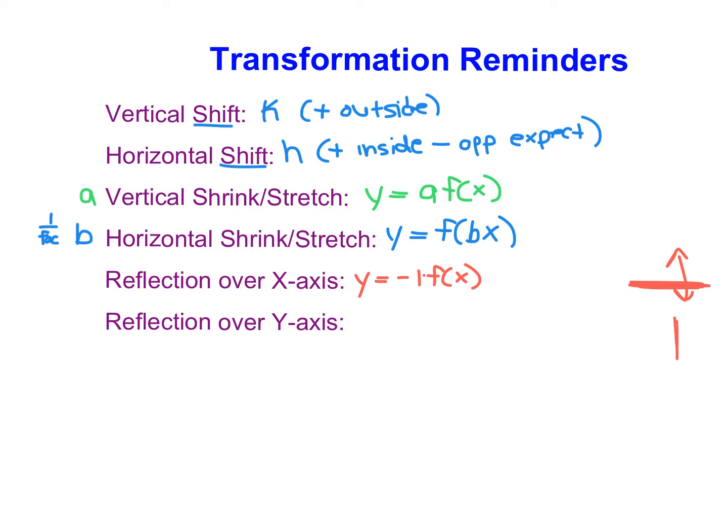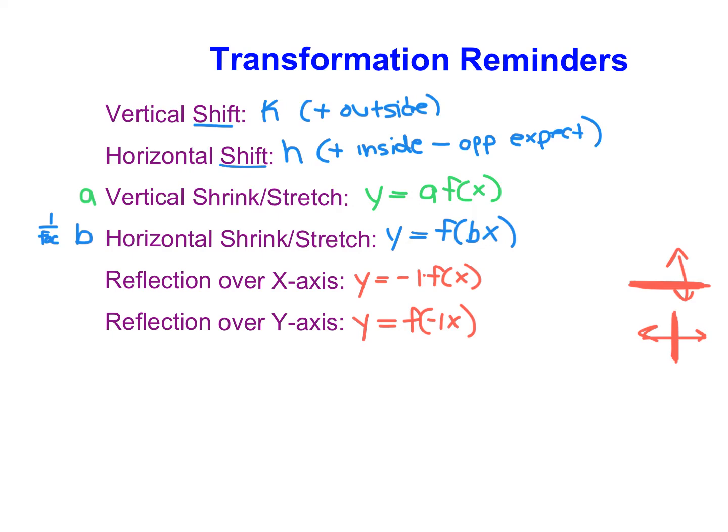And if you have a y-axis reflection, so it's reflecting horizontally, you simply take your x value and multiply that by -1.